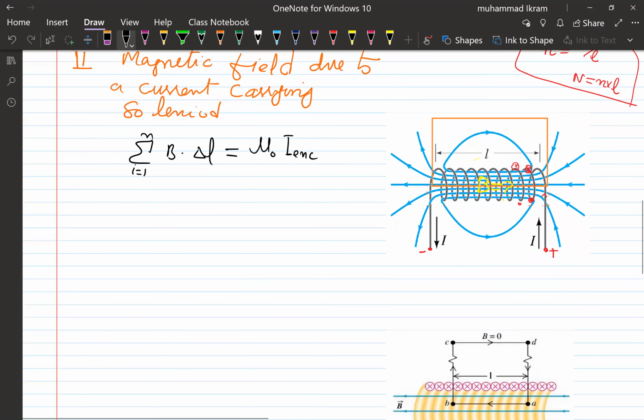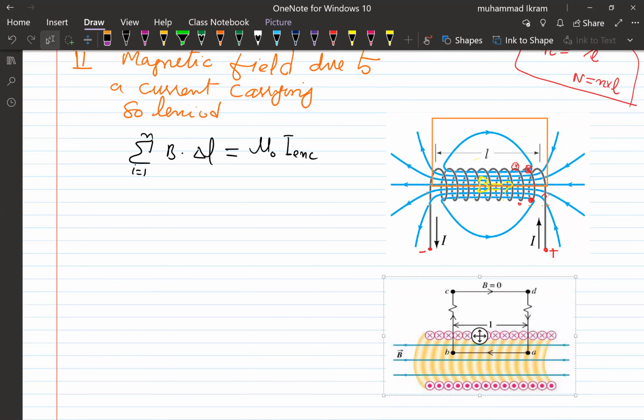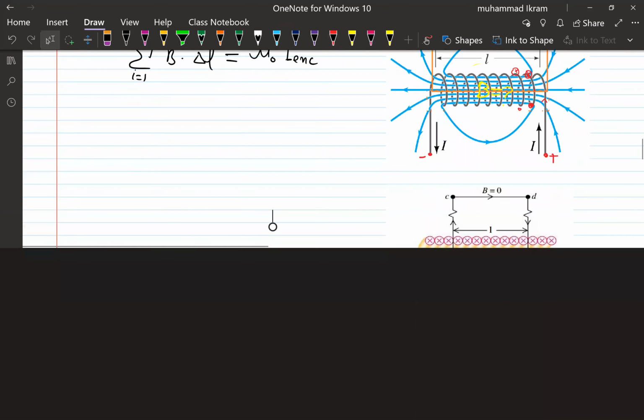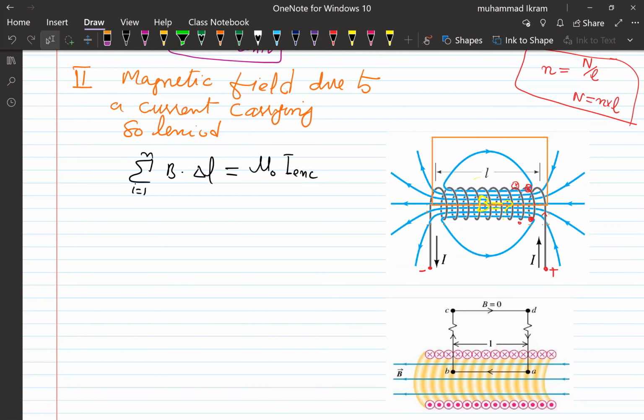For this purpose, as I told you, we must first construct the Amperian loop. This is very important. Here we construct the Amperian loop in the form of a rectangle, starting from the point A, B, C, D.